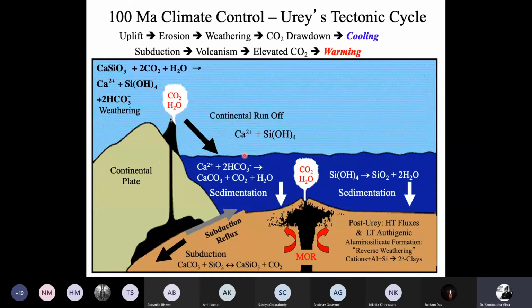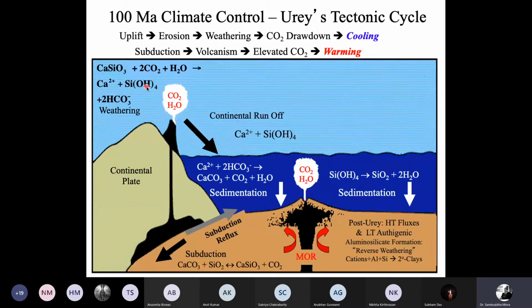So this is a schematic overview of what happens on the continents and how things are transported to the ocean and what happens in the ocean. We are starting with continental silicate rock. You can replace it with continental carbonate rock and simply write CaCO3 or CaMgCO3. It reacts with carbon dioxide to form dissolved ions.